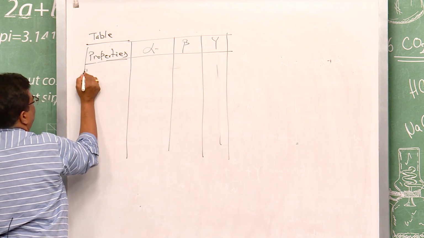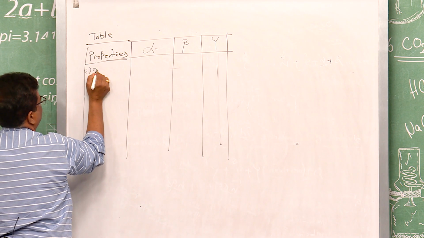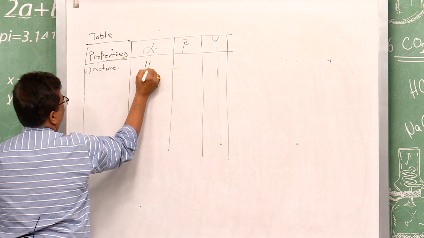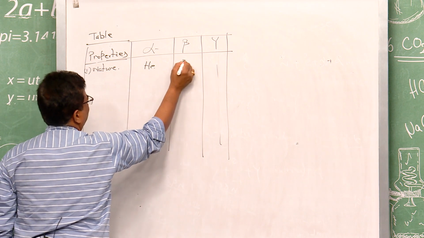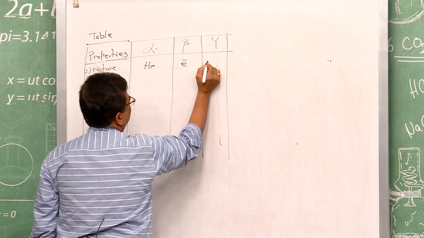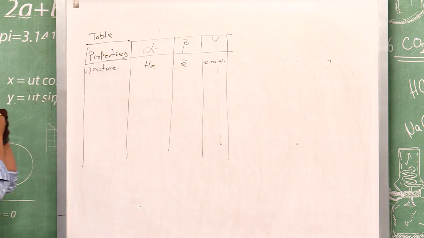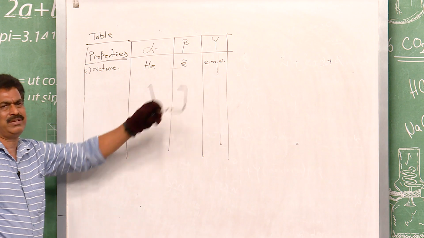Property number 1 is the nature. Alpha is helium, beta is the electron, and gamma is an electromagnetic wave.